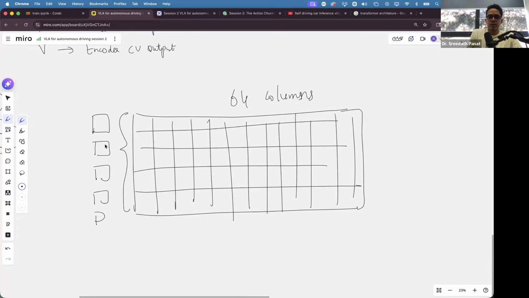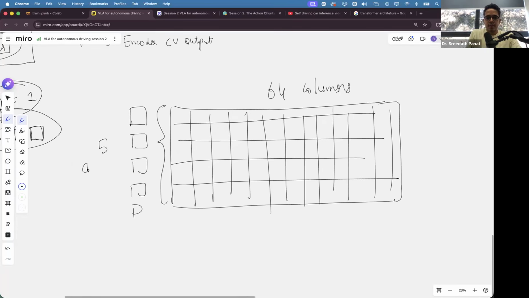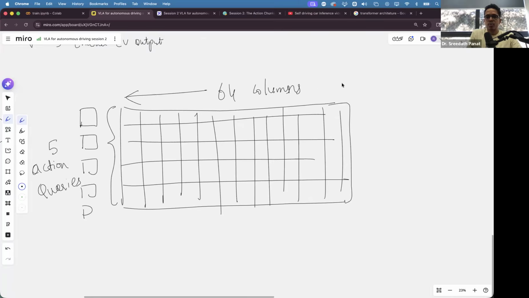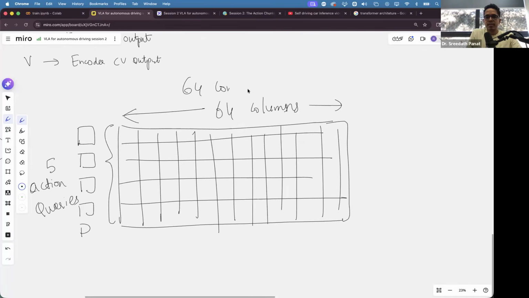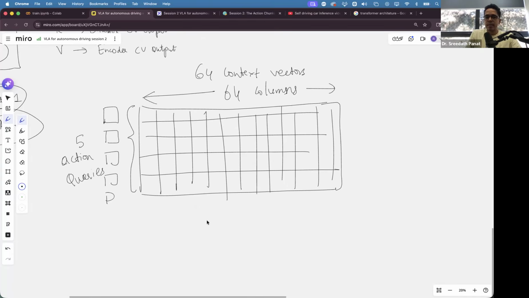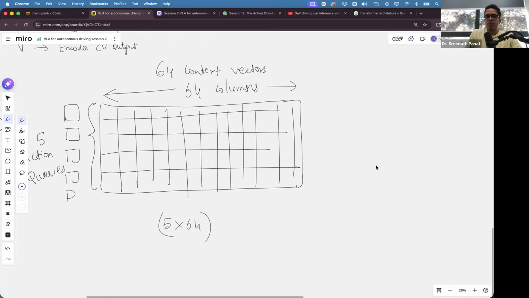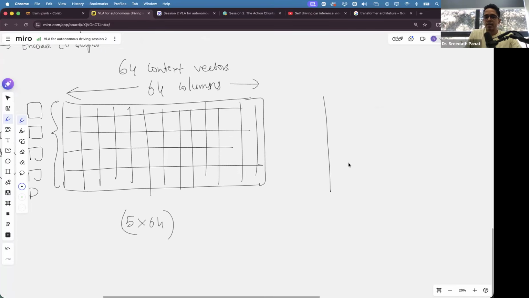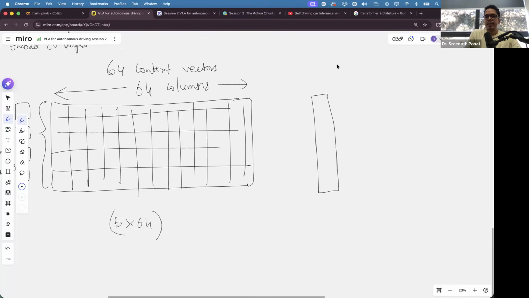These 5 rows correspond to 5 action queries, and these 64 correspond to 64 context vectors coming from the transformer encoder output. So my query times key transpose will be essentially 5 by 64. It won't be square. What will be the dimension of my value vectors?